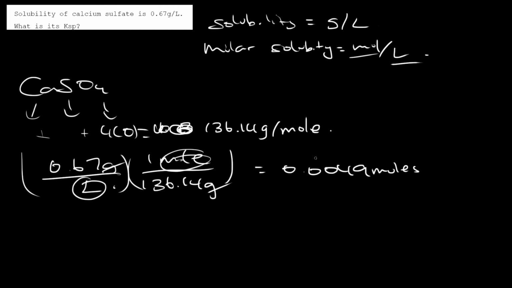So what's the Ksp value? The solid CaSO4 dissociates into a calcium ion, Ca2+, and SO4 2-, which is a polyatomic ion, so it just has a negative charge there.